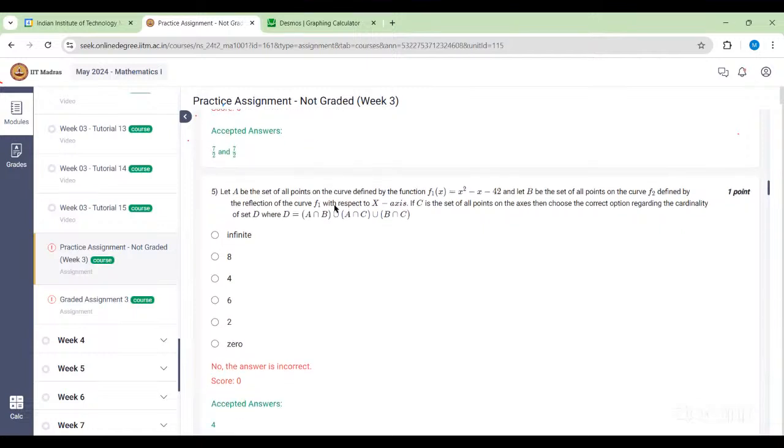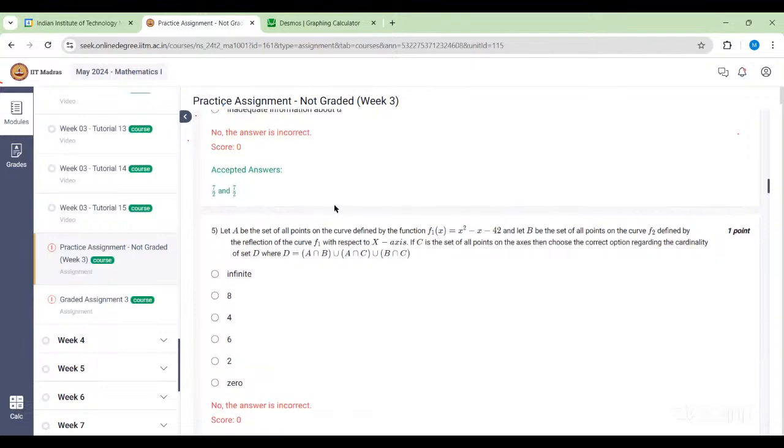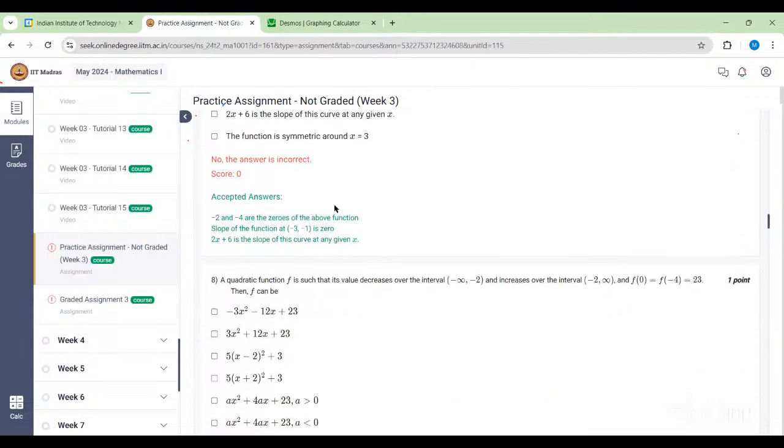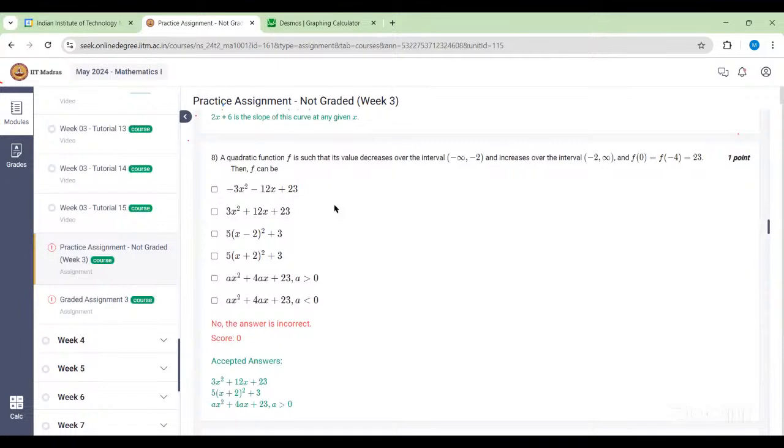Sorry, practice question number 8. A quadratic function f is such that its value increases on this interval, decreases over this interval, and f of 0 is equal to f of minus 4, which is 23. Then f can be. Okay, so increases, decreases, you can judge by whether it's an upward parabola or downward parabola.